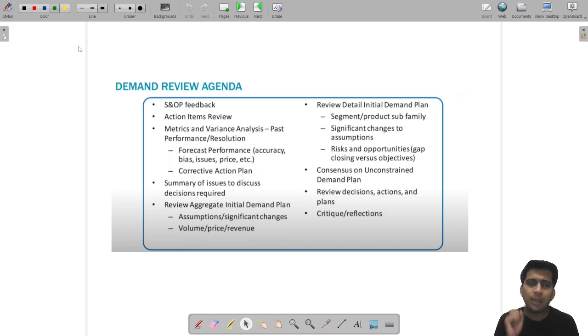One of the important mistakes or misconceptions, or the error made while performing demand review, is not targeting incremental improvement in every demand review.